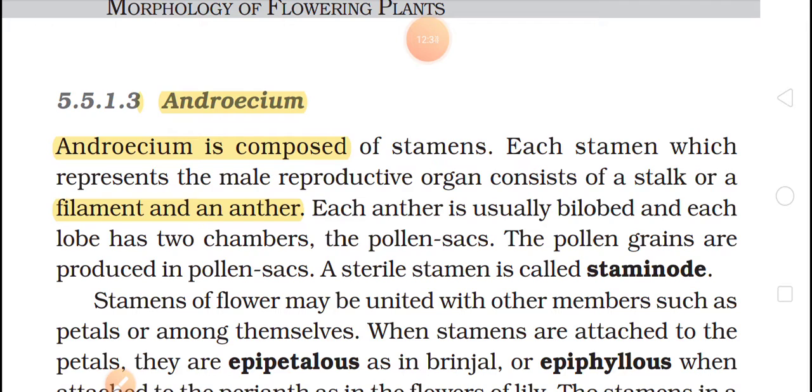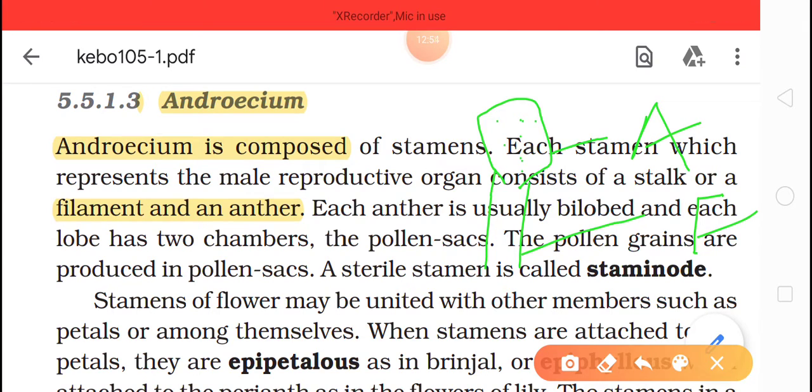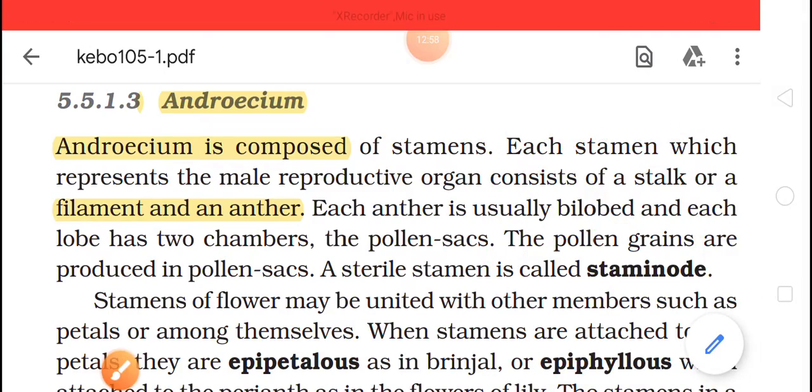And filament is the long cylindrical part. I'm drawing a picture so you can easily understand. So this is the filament and this is the anther. In the anther, the pollen grains are made and developed. Clear?